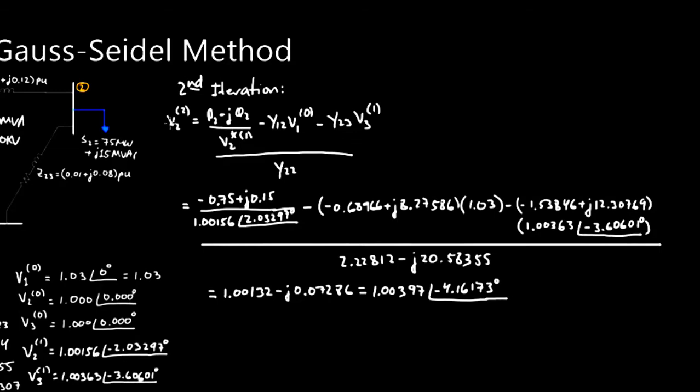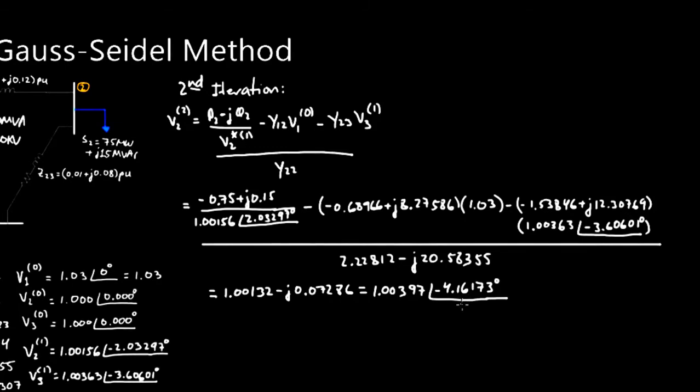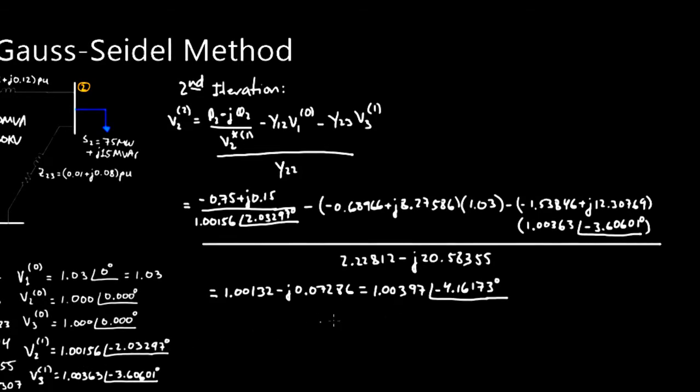This again is V22. And so you see that it's starting to go up in magnitude, but the angle is going down. The angle over here was minus 2 degrees, and the angle over here is minus 4 degrees. And notice the difference between the two numbers. In magnitude, this is 1.001, and this is 1.004 almost. So this solution isn't converging yet. We need to run more iterations to get an accurate solution.